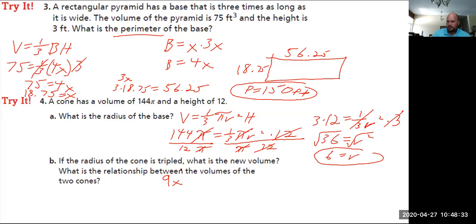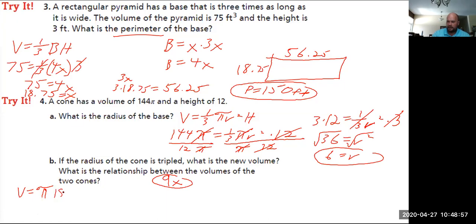All right. So let's take a quick look at if we had tripled the radius, because we already know what the volume was of the initial cone. So let's just do an equation and see what it looks like. So we had volume equals base area times height. So pi r squared, where r in the last one was 6. So if we triple 6, that's 18.